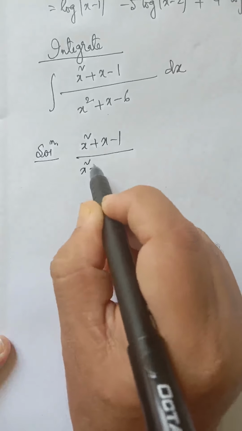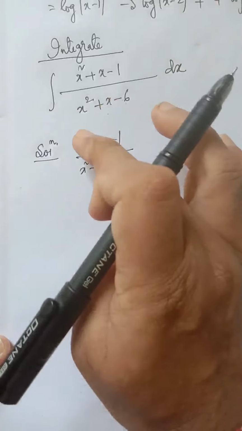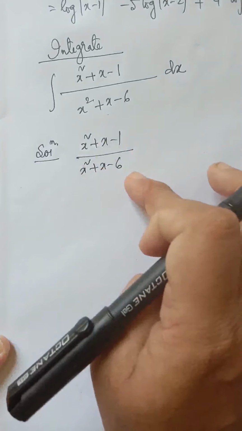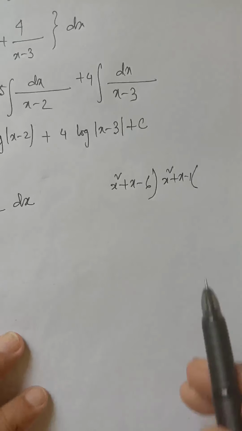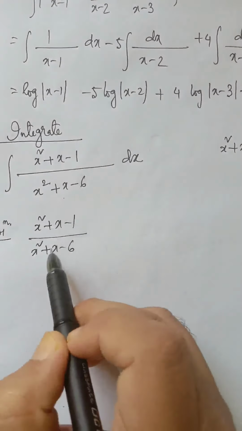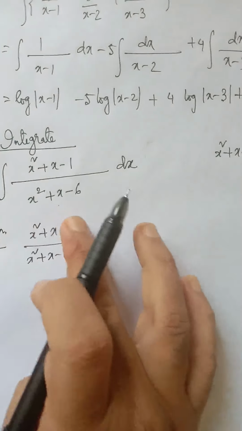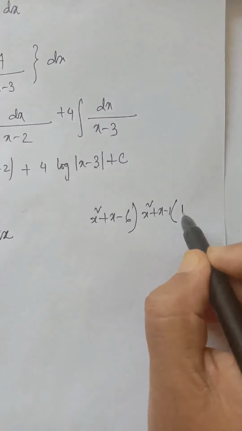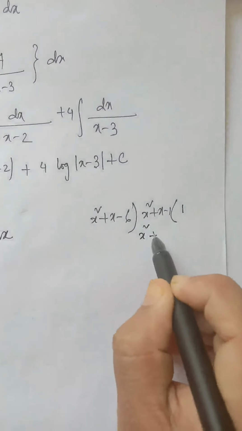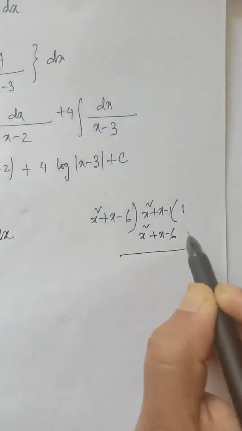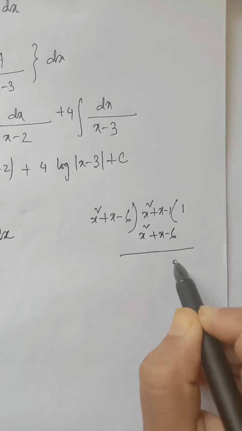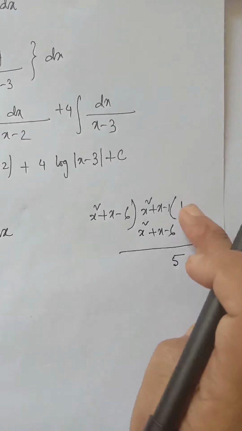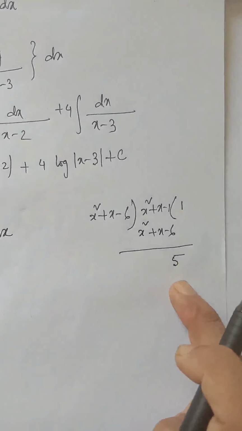So our first step will be to divide numerator by denominator. Dividing x square plus x minus 1 by x square plus x minus 6, the quotient will be 1 and the remainder will be 5.